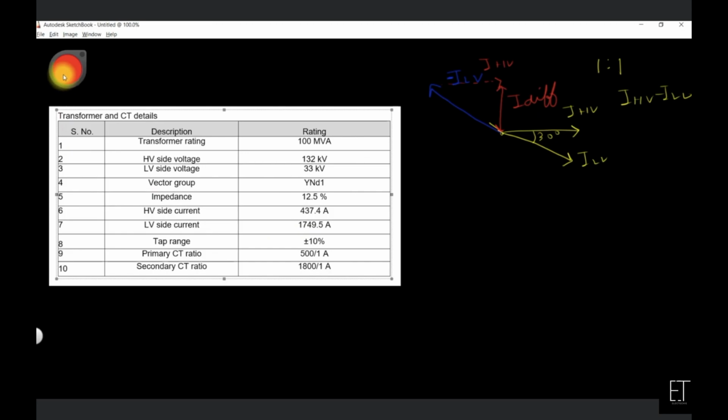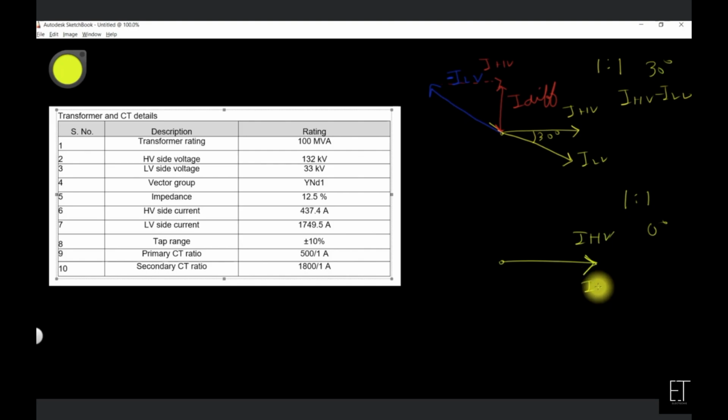So if you consider the case of a 1:1 transformer, again this is the case of 30 degree phase shift, and now you consider the case of 0 degree phase shift. If I draw, this is IHV, and again IHV is equal to ILV, as we assume a 1:1 transformer. So ILV will also be at the same position.